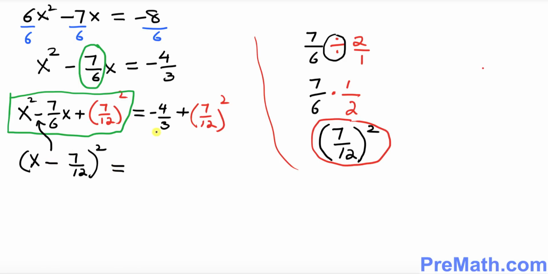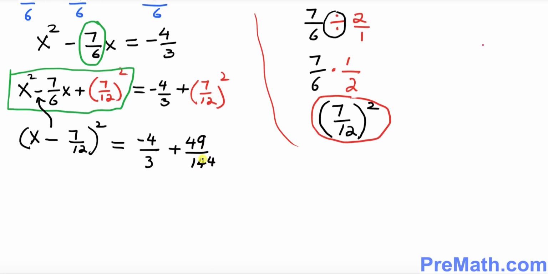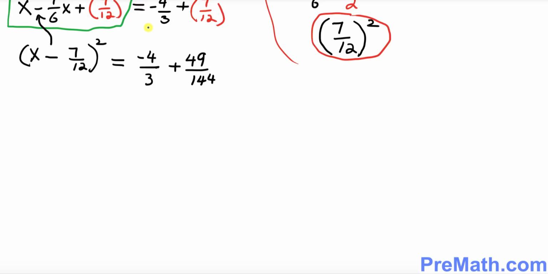Equals -4 over 3 plus 7 over 12 squared, which equals 49 over 144.